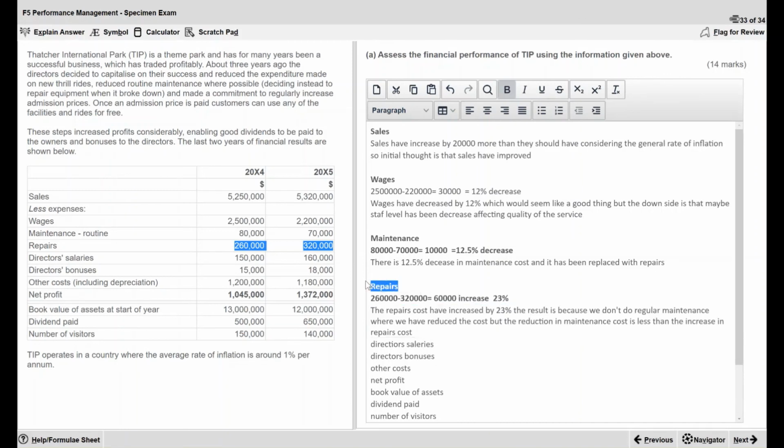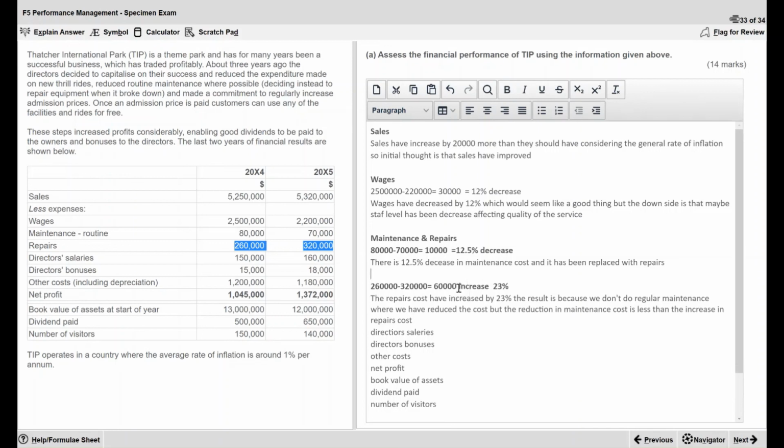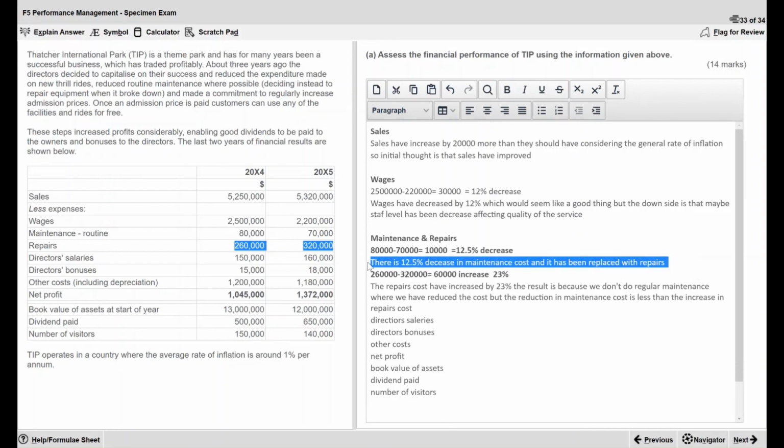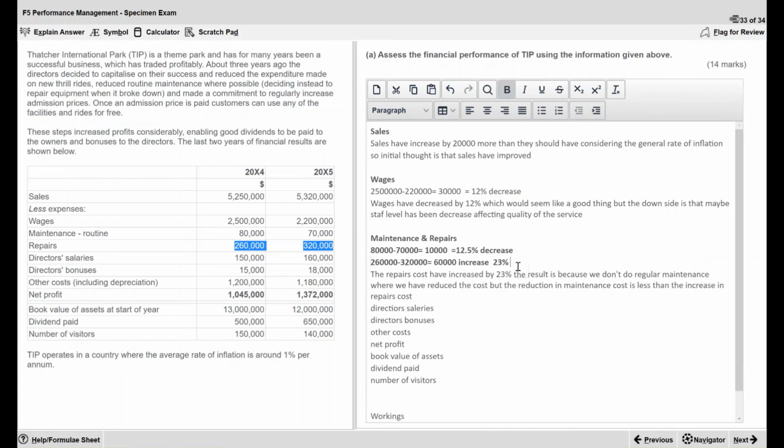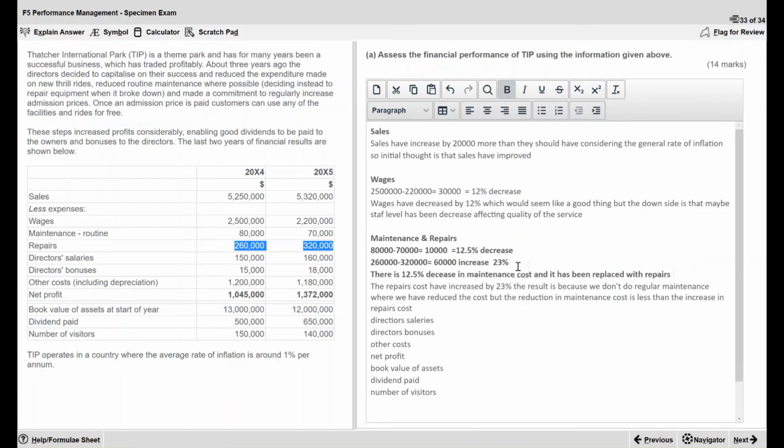So now I'm thinking we should comment on repairs and maintenance together. Yeah, let's write it here. That way it makes more sense.